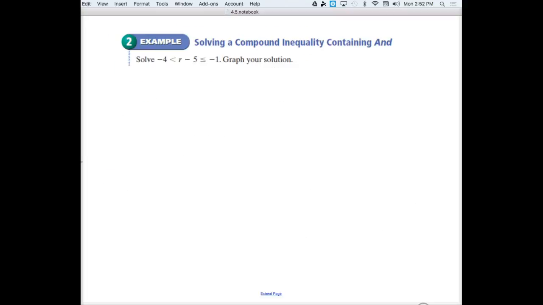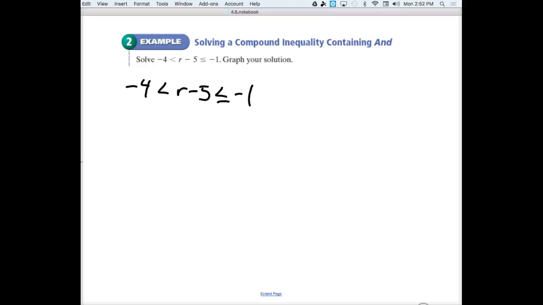Looking at our next example, now we're going to have to solve our compound inequalities. So when solving, you can see how what they have written here, -4 is less than r minus 5, less than or equal to -1, is that one longer compound inequality we were talking about with and.